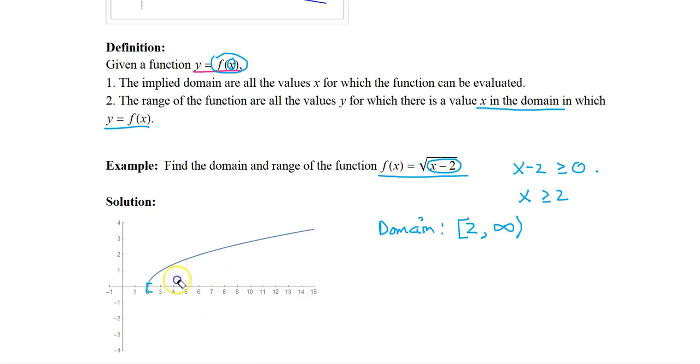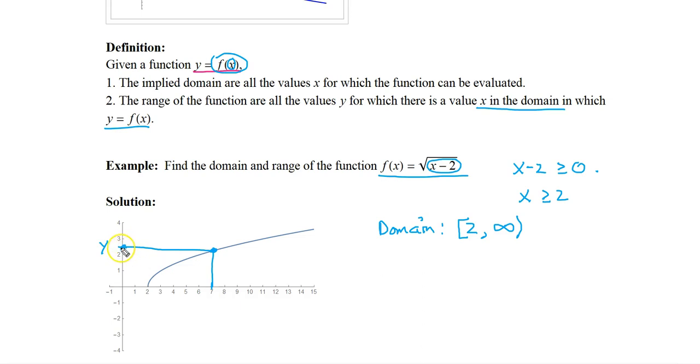Now the range is going to live on the y-axis somewhere. So we have to think, where are all the numbers y for which, when I draw a horizontal line over, I hit the graph somewhere, which means that there is an x value that gets mapped to that y. If you can do that, then this y right here, as I have it graphed, would be in the range.